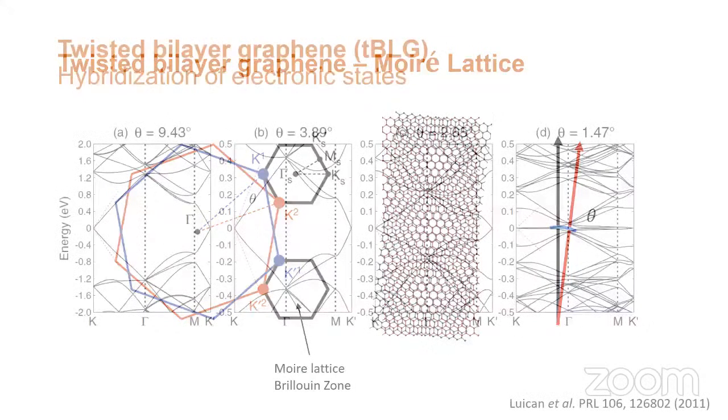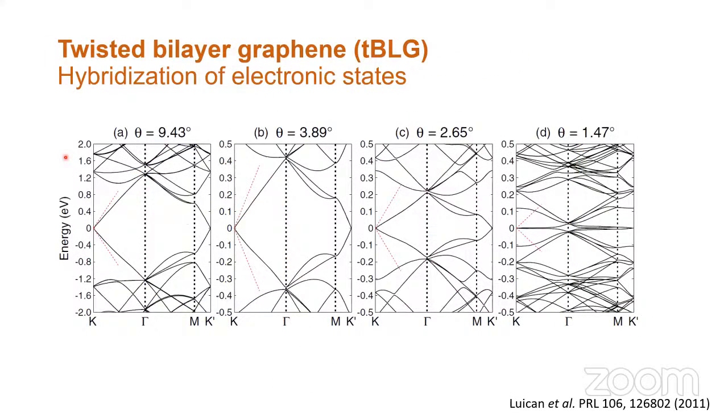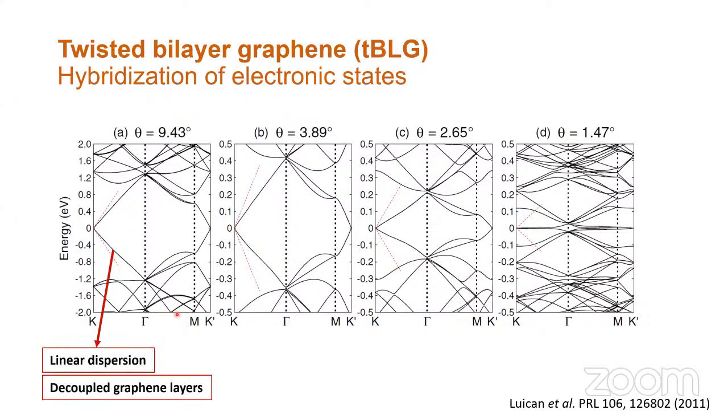To give you a big idea, this was an old calculational work. You see that when you have a large angle between two graphene layers, you retain the conical band structure. Whereas when you have an angle close to a degree or 1.5 degrees or so, you get this folding of the band, and the repulsion flattens these bands, which is why it's so interesting. So two different regimes.